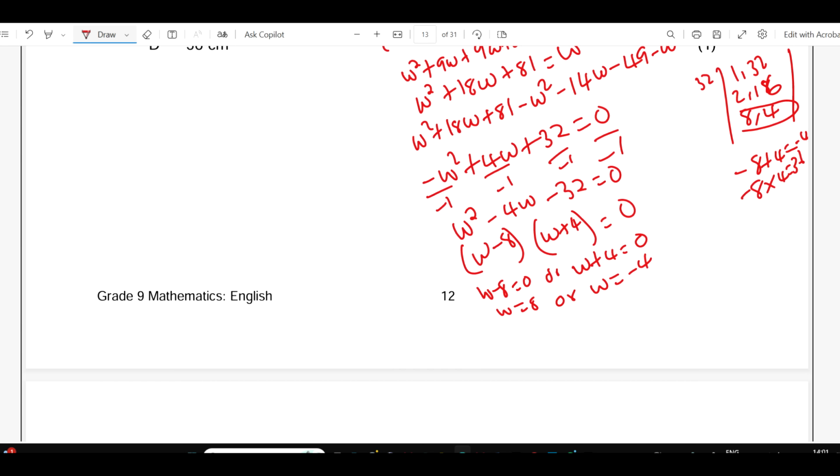And then for my length, L is going to be 8 plus 7 equals to 15. And then area of a rectangle is going to be length times breadth. A is going to be 15 times 8, and then the area is going to be 120 centimeter squared.